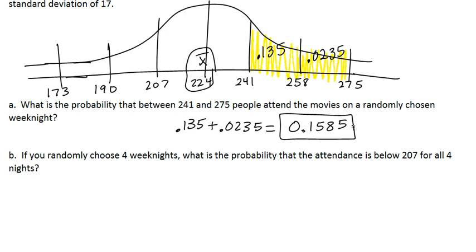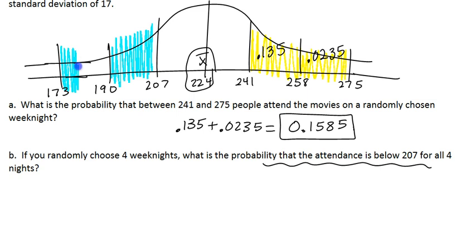Okay, part B. If I randomly chose 4 weeknights, what is the probability that attendance is below 207 for all 4 nights? So now, first of all, I want attendance below 207. So let's just figure out what that probability is for, let's say I was going to pick one night.